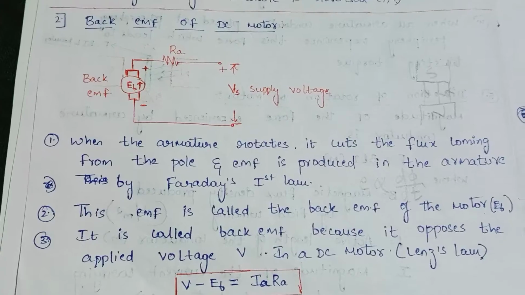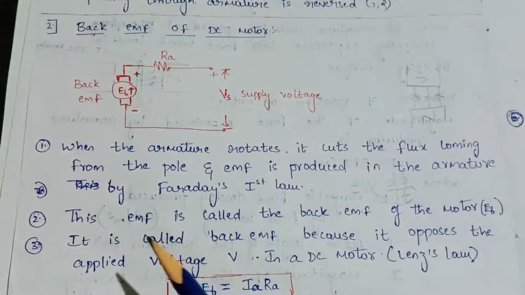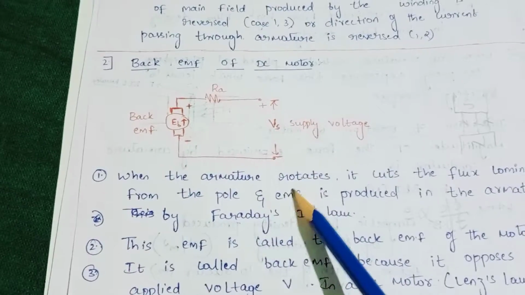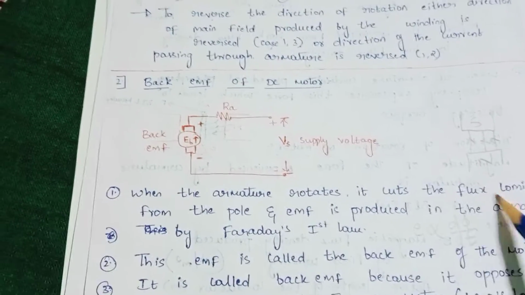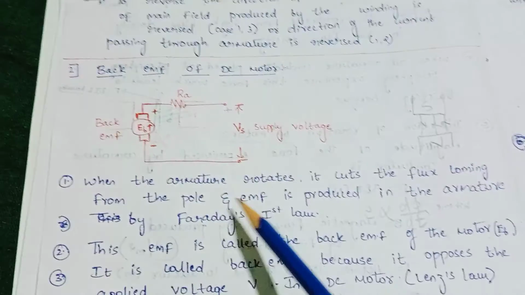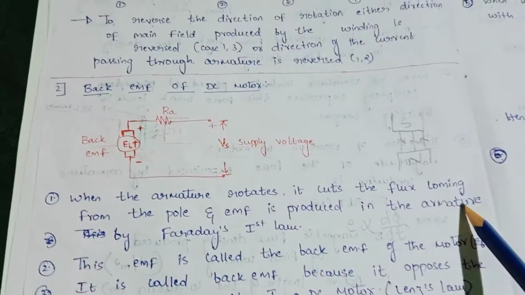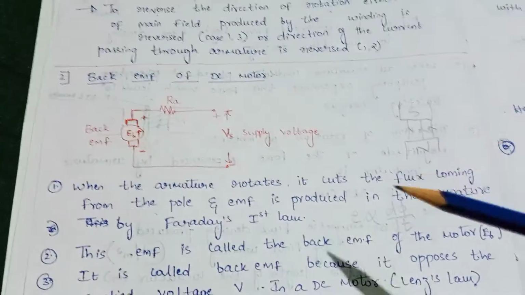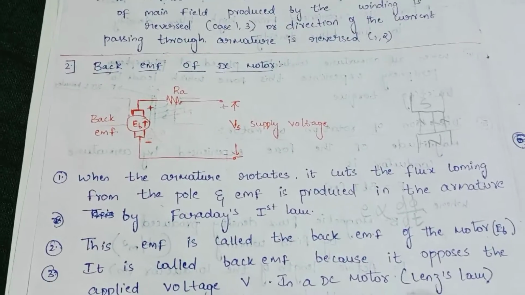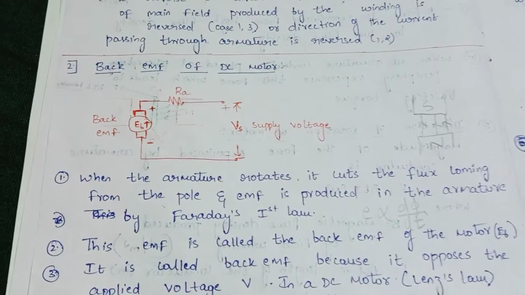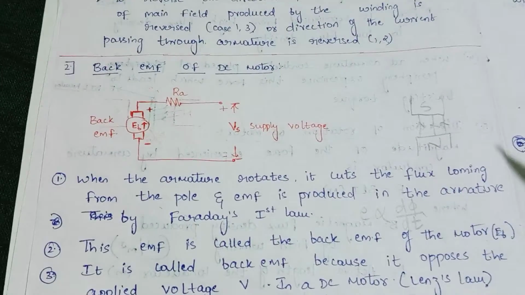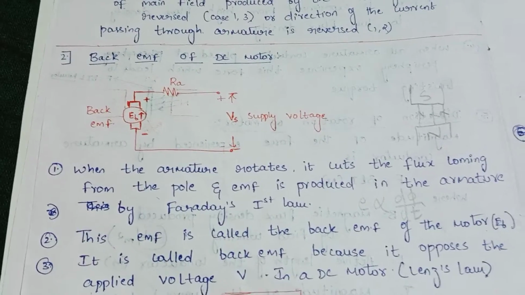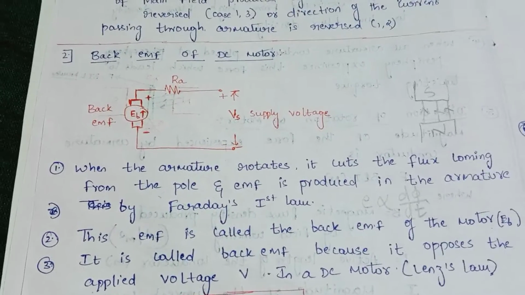The EMF is induced in the DC motors when the armature rotates. When the armature rotates, it cuts the flux coming from the pole and EMF is produced in the armature, right? That is, when you supply a voltage to the armature, the armature conductor will carry the current.